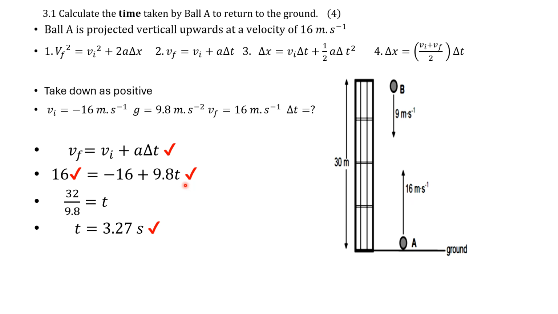That is what I'm trying to solve. Take negative 16 over: 16 plus 16 gives me 32. 32 divided by whatever is in front of t, which in this case is 9.8, and my time then becomes 3.27 seconds. So that's how long it takes this ball to go up, reach the highest point where it's 0, and then turn back, coming to the ground.